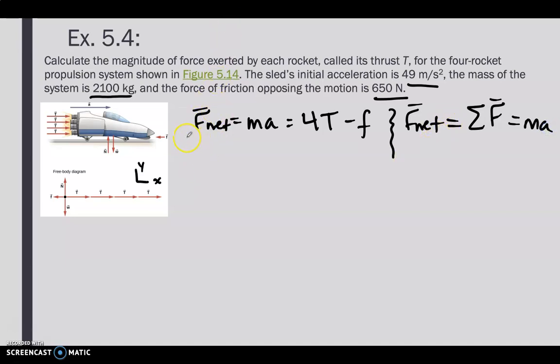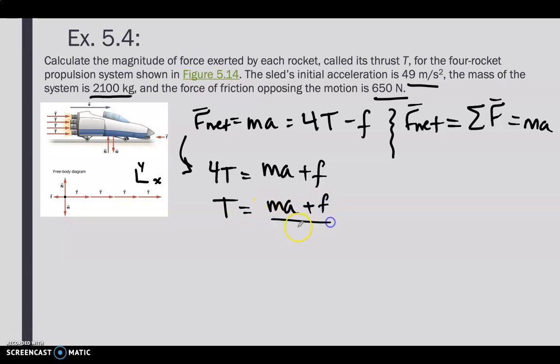All right. So now from this, I can go ahead and solve for T, just with a bit of algebra. So 4T equals MA plus F, or T equals MA plus F all over 4. And then we can plug those values in.